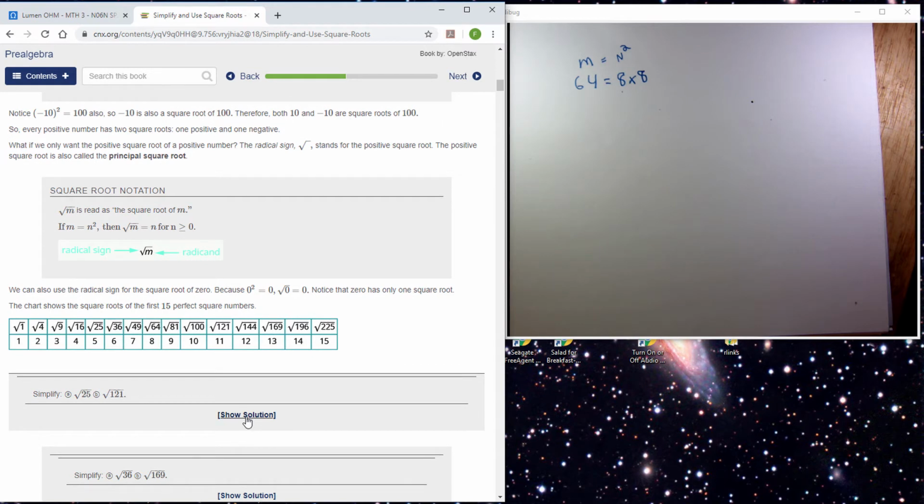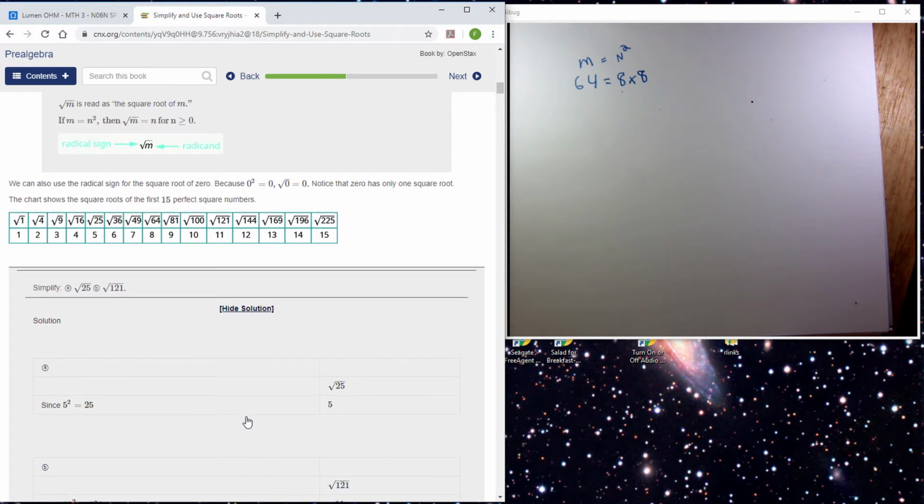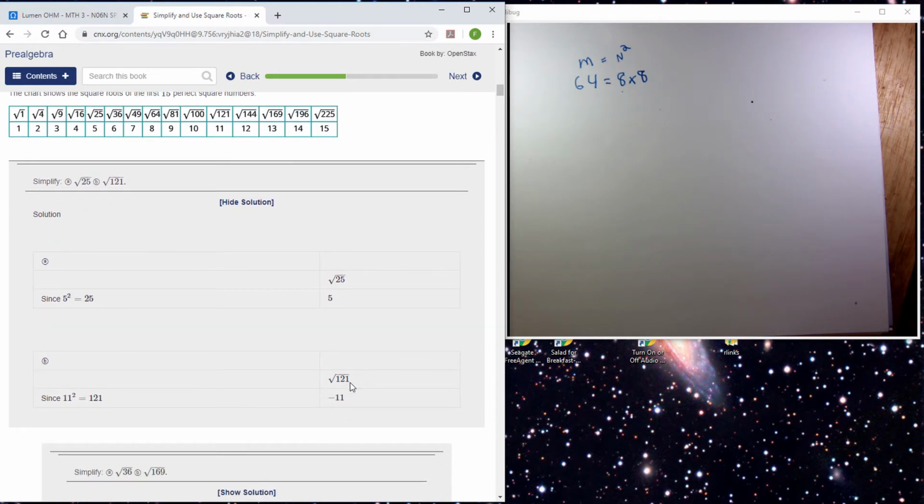Now they ask us to find square roots. A way of asking this is, what number multiplied by itself will give me 25? 5. What number, when multiplied by itself, will give me 121? 11.